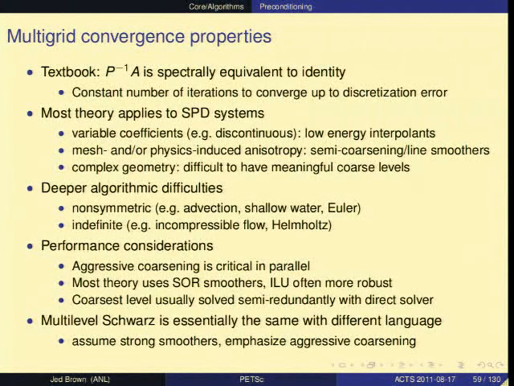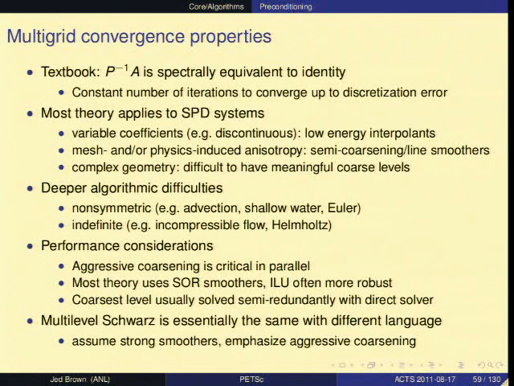So in terms of parallel performance, you want to have some kind of aggressive coarsening. Most of the theory uses something like a Gauss-Seidel or over-relaxation smoother, but ILU is more robust for some problems. And the coarse level, distributing the coarse level and solving that, is an important bottleneck.